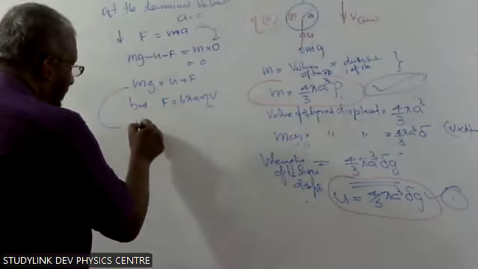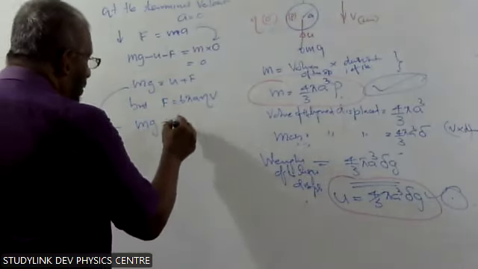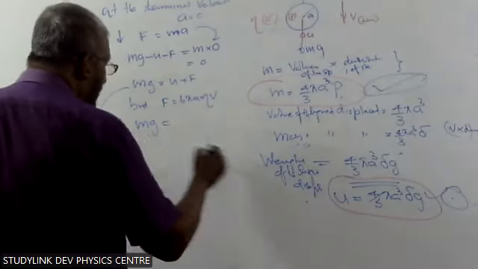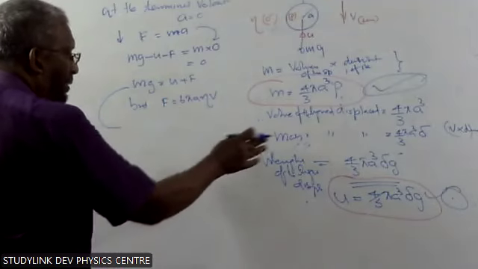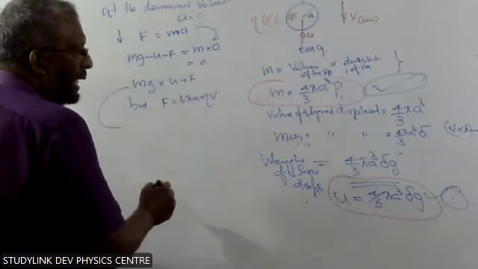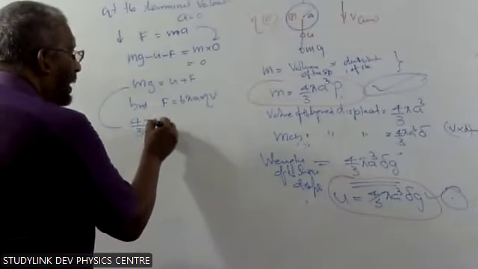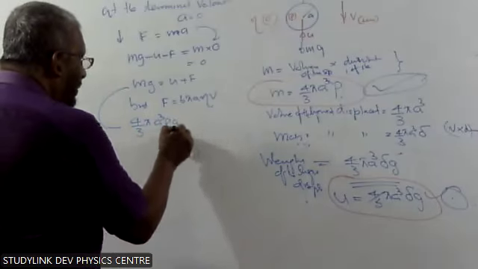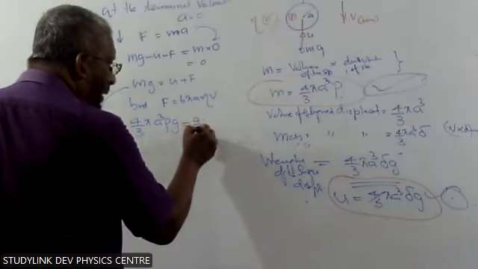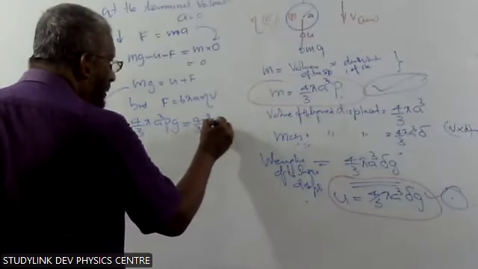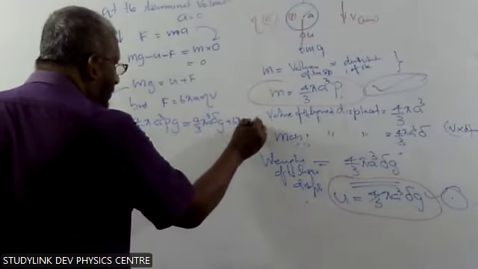Then mg is equal to U, upthrust, plus F. Directly we substitute the values: mg, where m is equal to 4 by 3 pi a cube rho, so 4 by 3 pi a cube rho g is equal to 4 by 3 pi a cube sigma g plus 6 pi a eta v.